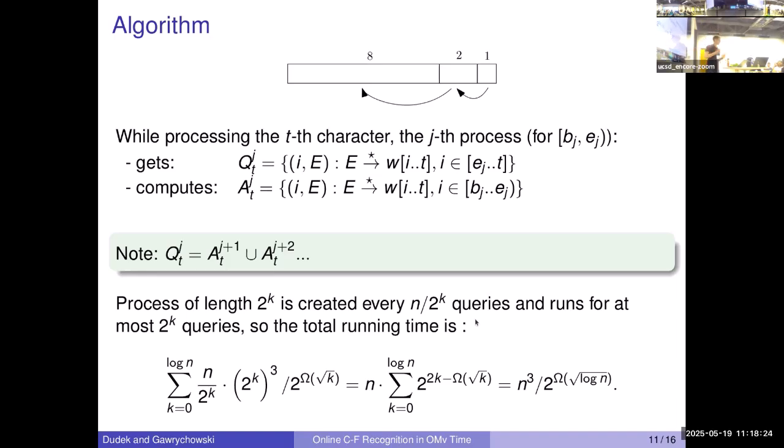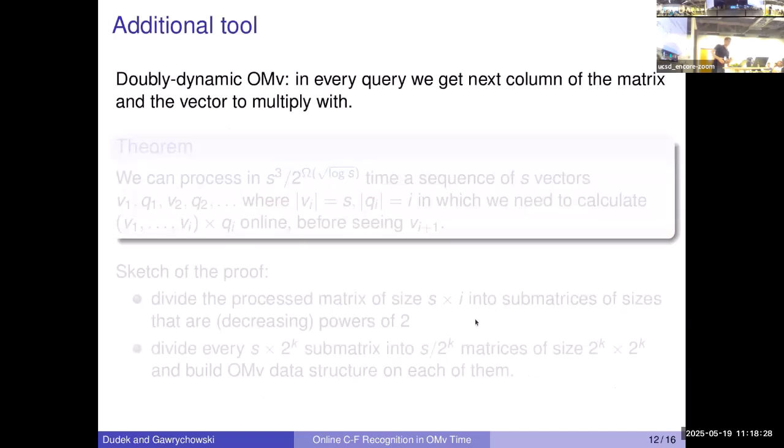So this is our algorithm. A side comment is that we have to extend this OMV to something that I call dynamic OMV, in which in every query we also get the next column of the matrix and the vector that will multiply it. So the matrix is not static, but it also gets new vectors at the end.